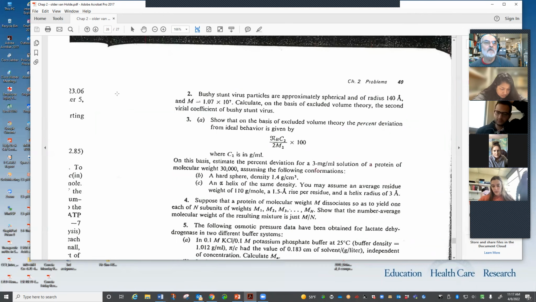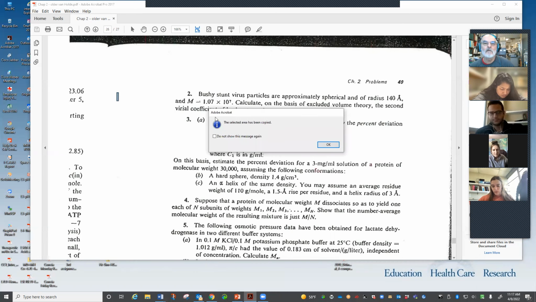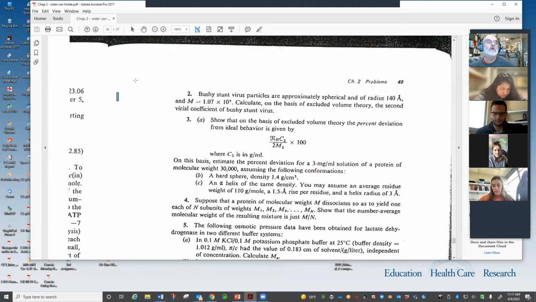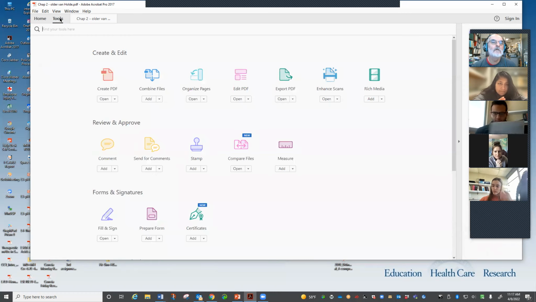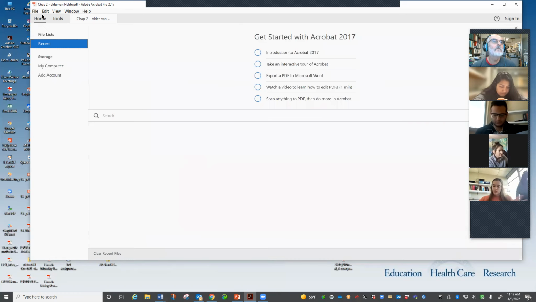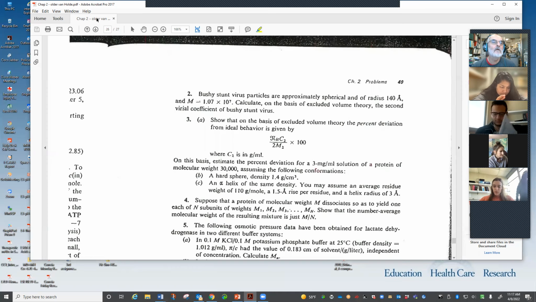Is this going to let me write on here? Yeah, I don't want to copy. No, that's not what I want either. Well, it may not let me write on here. Tools. No, home. File. I don't want that. Well, it's not going to let me write on here.